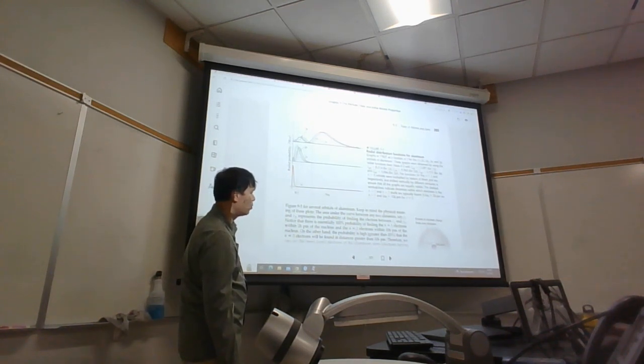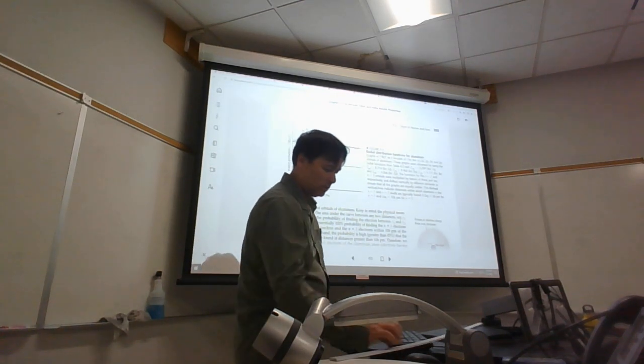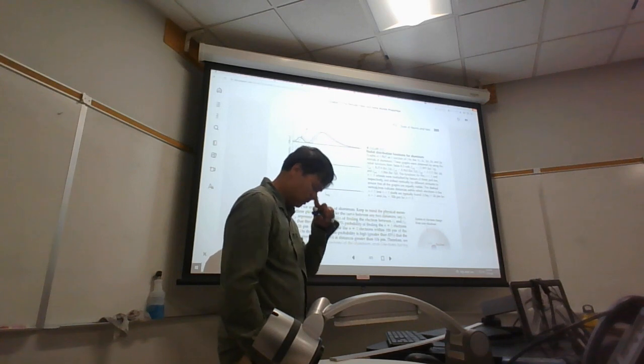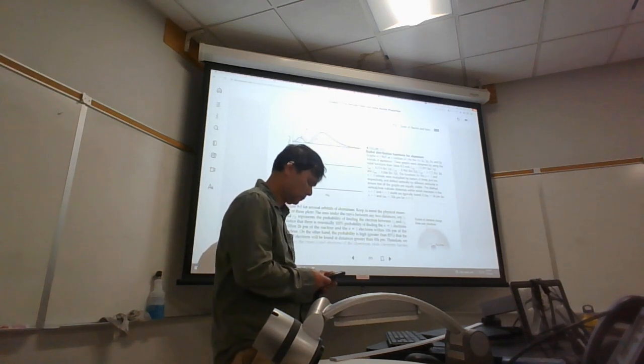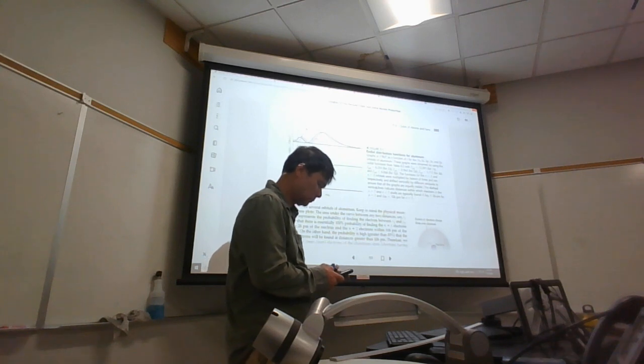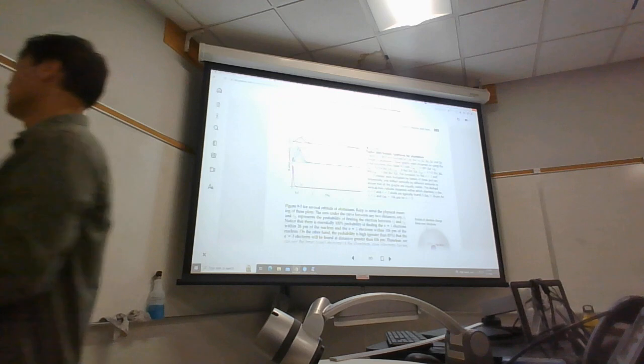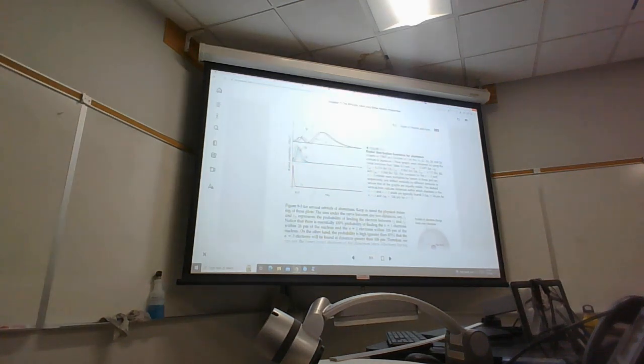We lose 0.85 times 8, which is 6.8 positive charges. So Z effective is equal to Z, 13, minus S.